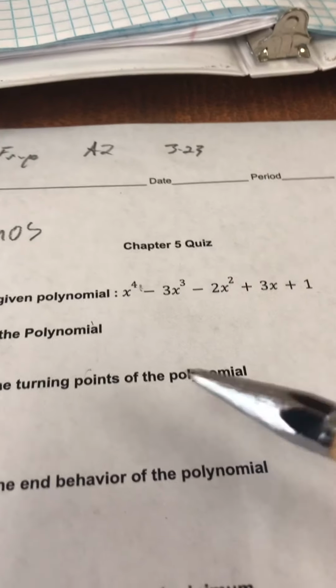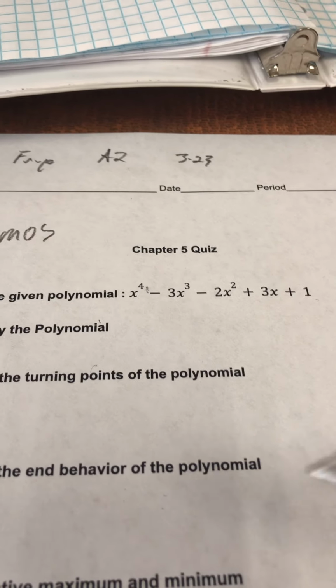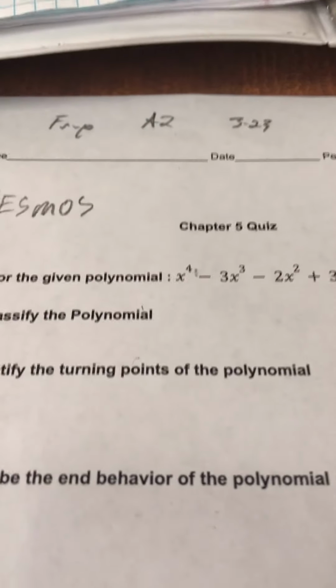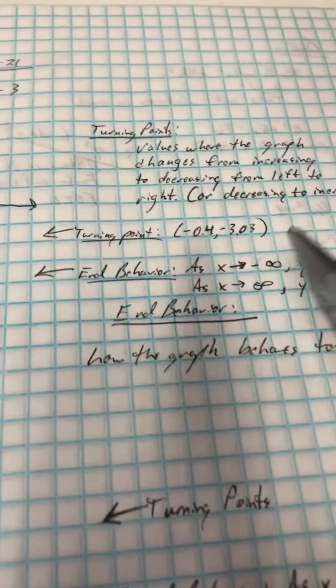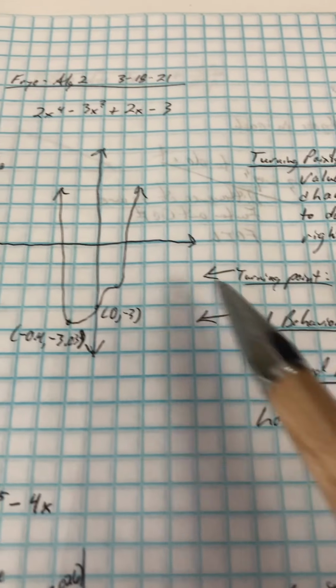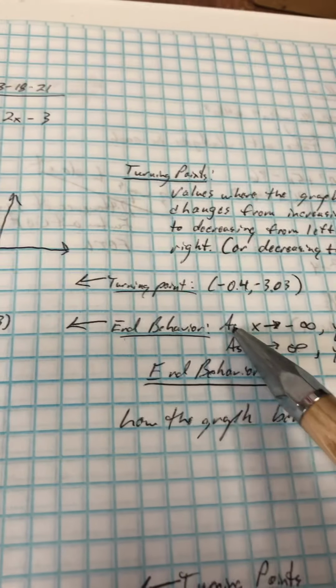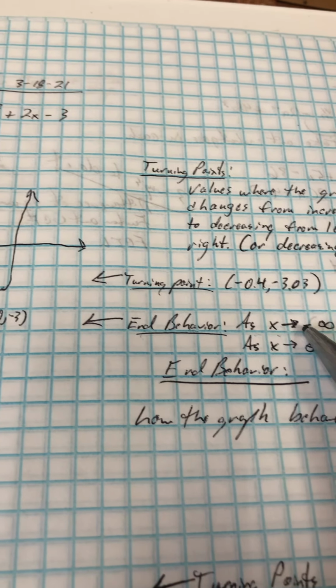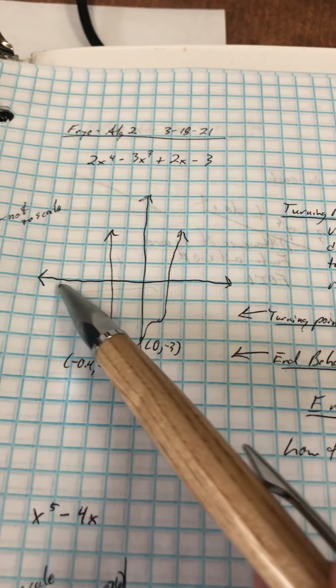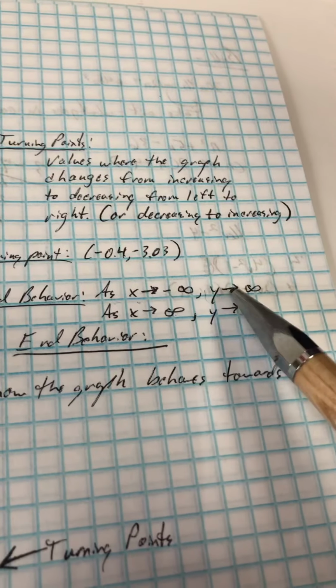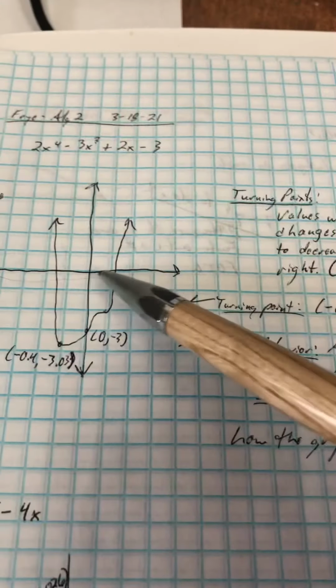Those are the turning points. Describe the end behavior of the polynomial. Remember end behavior from our notes. This one had end behavior that's as x went towards negative infinity, y went to positive infinity.